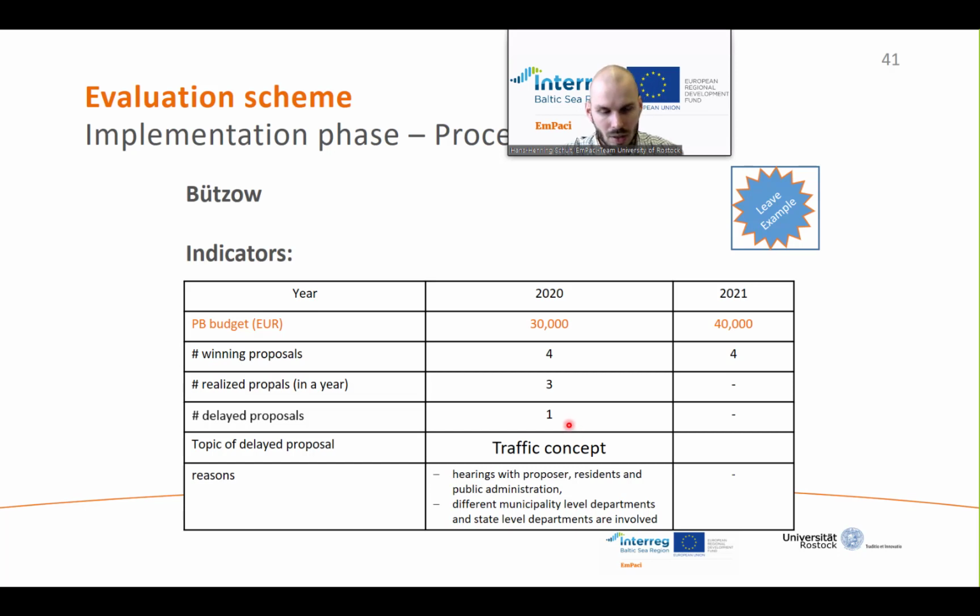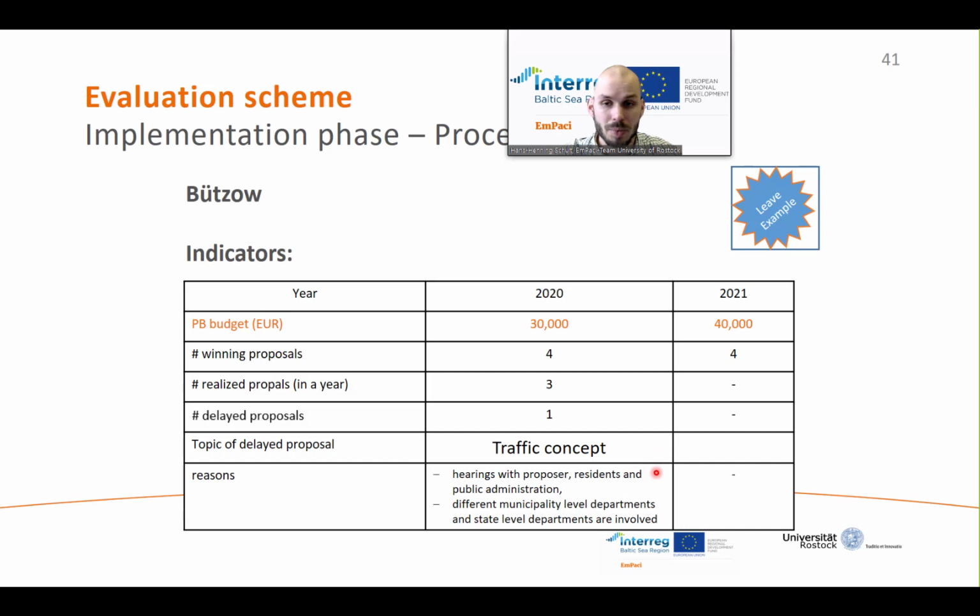So for the delayed proposal, it is important to dive into the content. What is something to look at, not just for Bützow but for every municipality, is to track these critical topics for a PB process. For example, here it's the traffic concept.